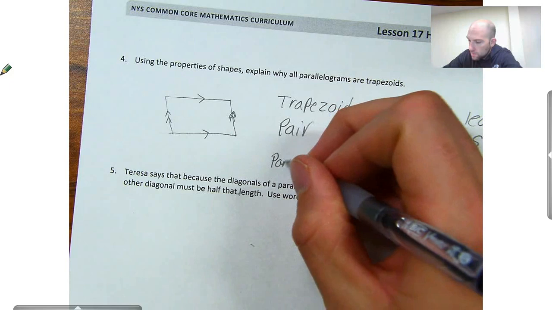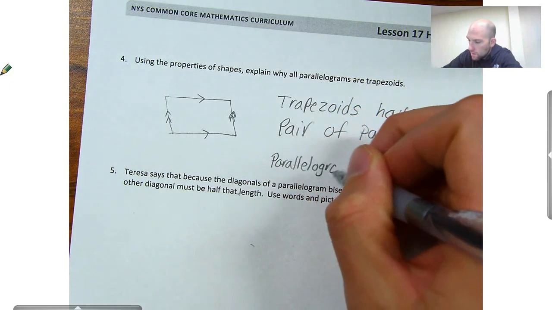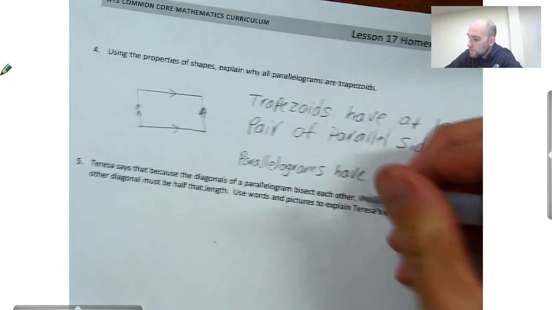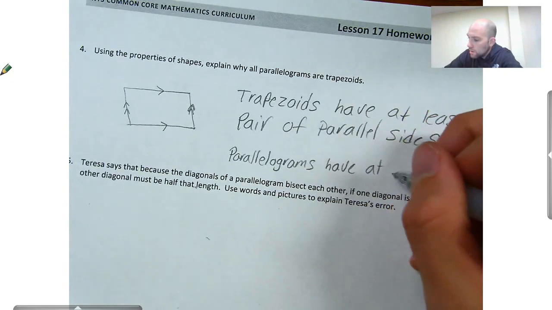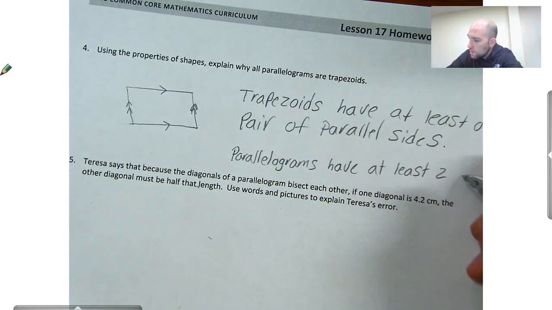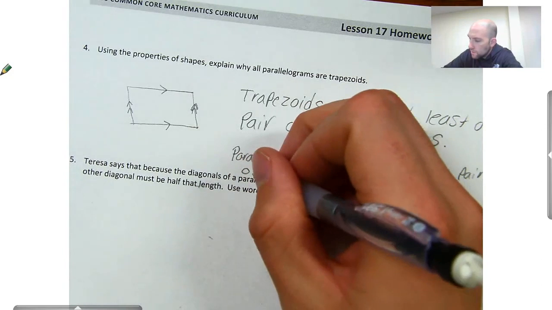Parallelograms have at least 2 pairs of parallel sides.